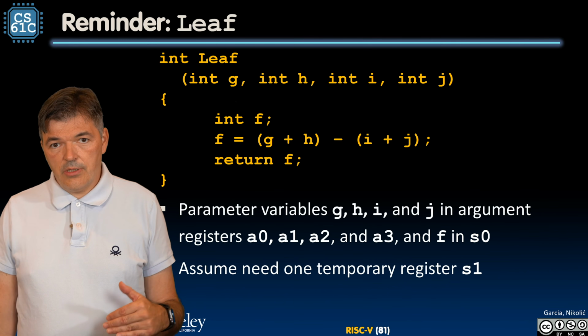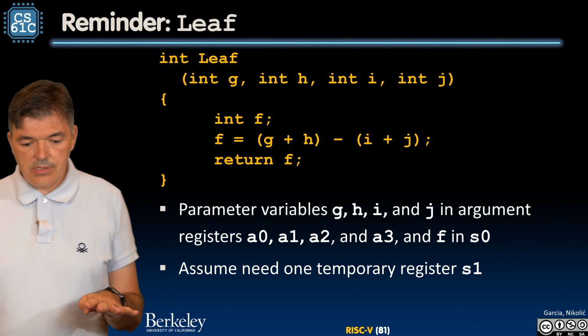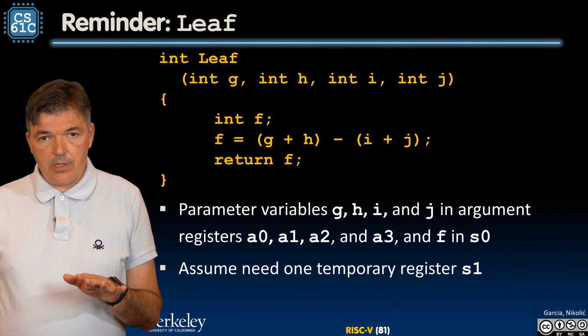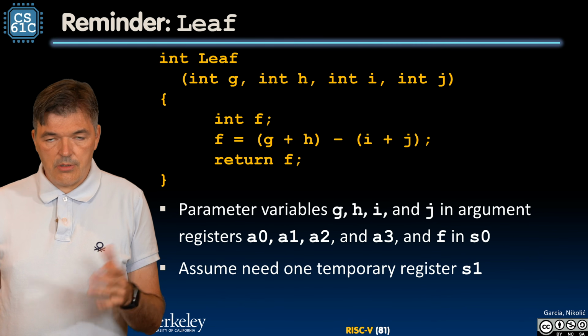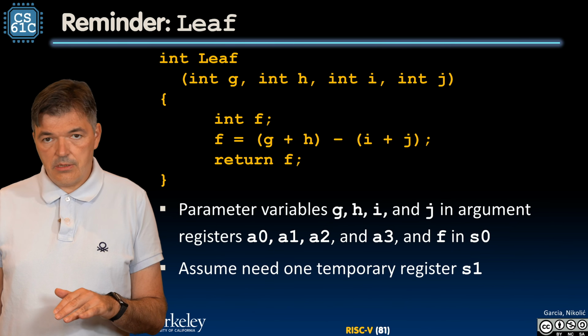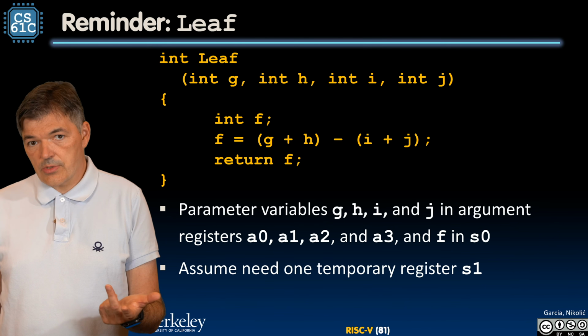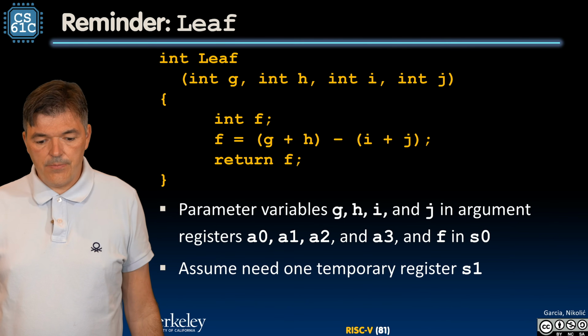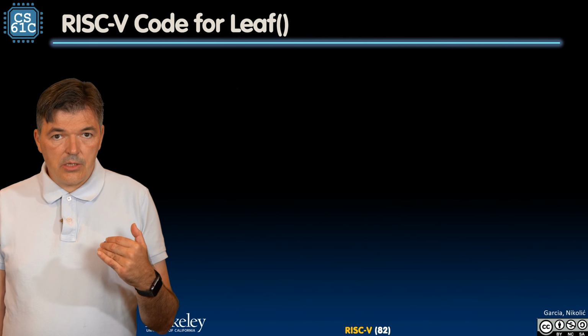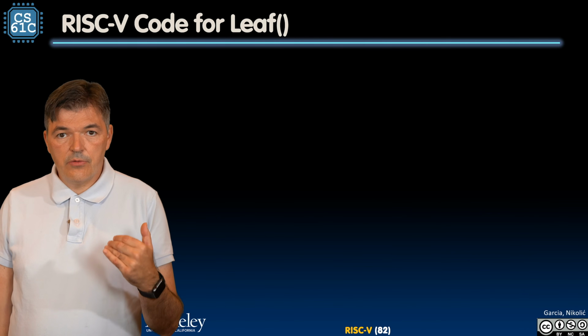Now let's go back to our leaf. It needs to pass 4 arguments, as we have seen, for our 4 variables, and it needs to use registers S0 and S1. So let's take a look at the RISC-V code for leaf.